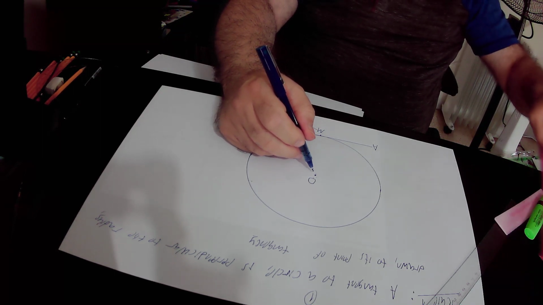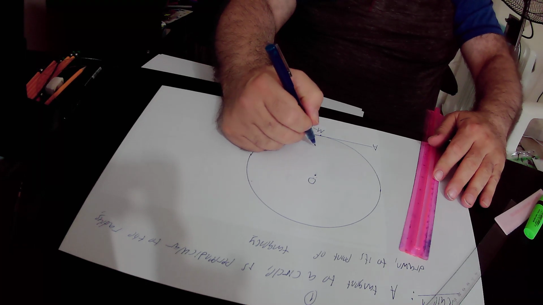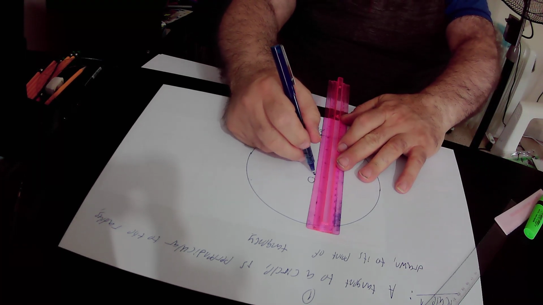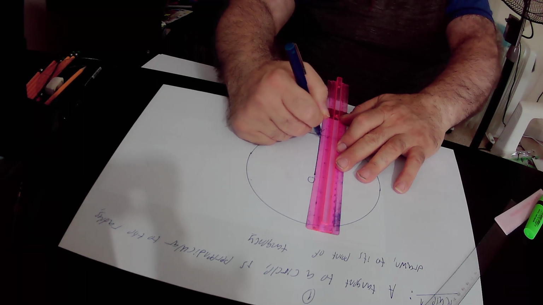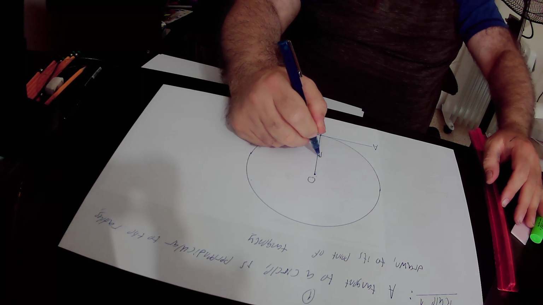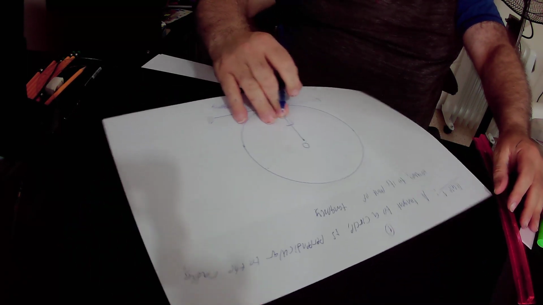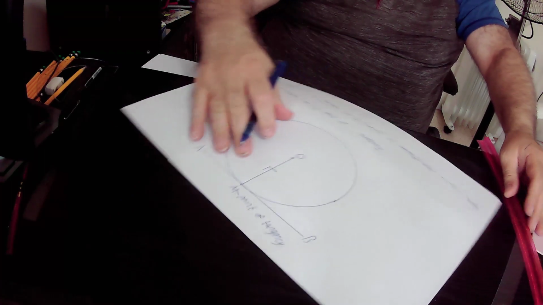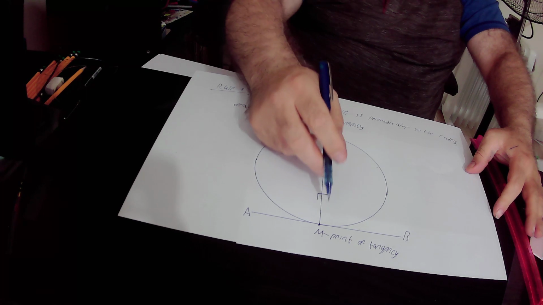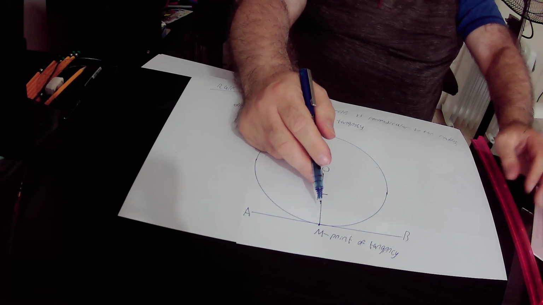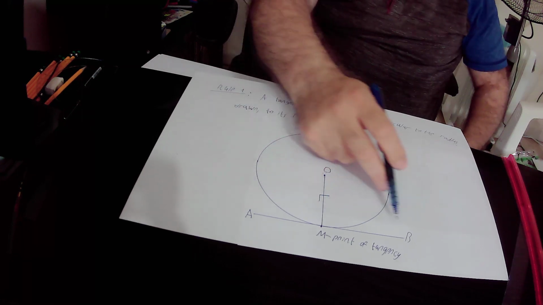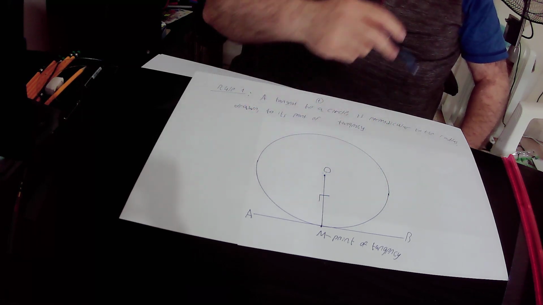From point O we will draw the radius to the point of tangency. So OM is the radius of this circle. We'll define it as R. So here we have the radius OM drawn to the point of tangency, that is to say, drawn to point M, the point of tangency of tangent AB with this circle.